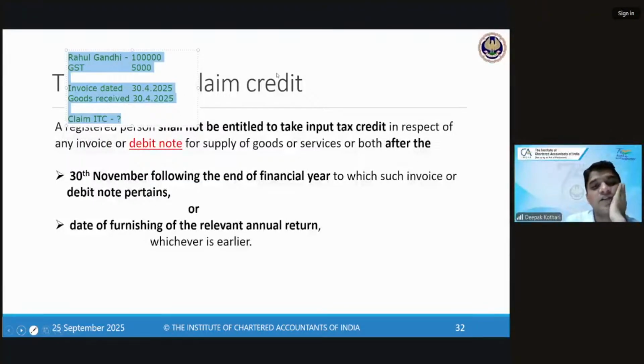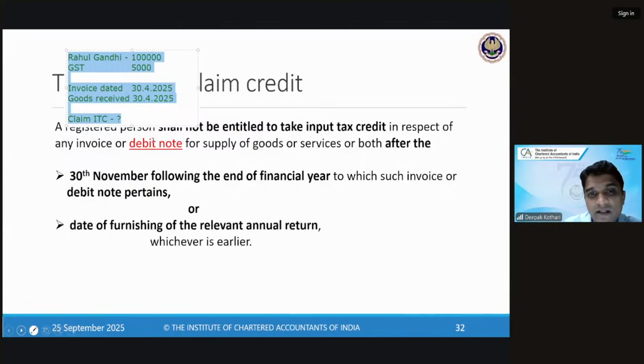In May, which return are you filing? Which month's return, tell me? Because claiming in May means it will become really odd. Return of May? No, your purchase is in April, so why will you claim it in the May month's return?